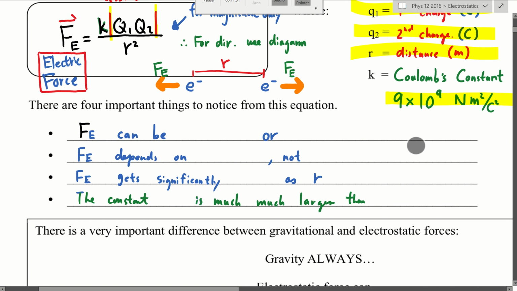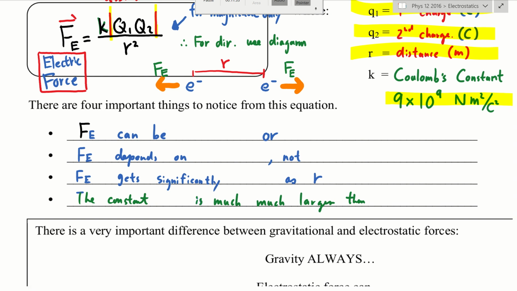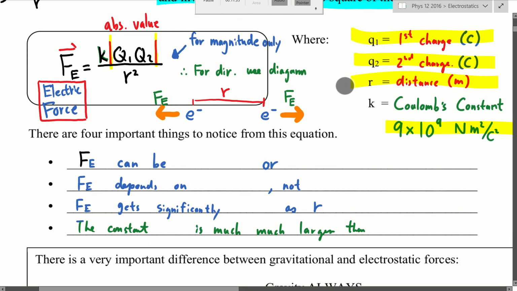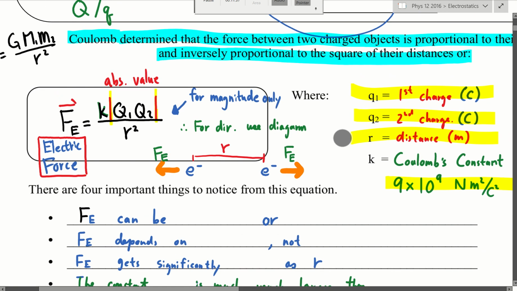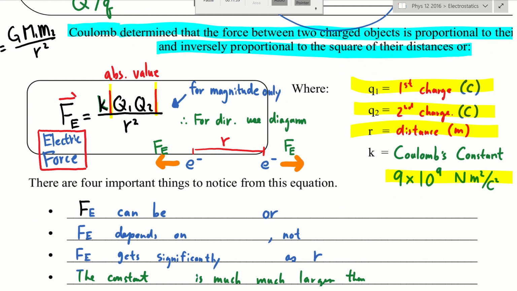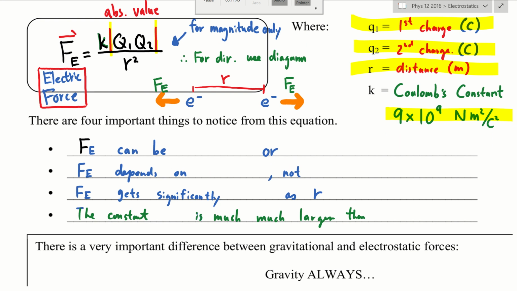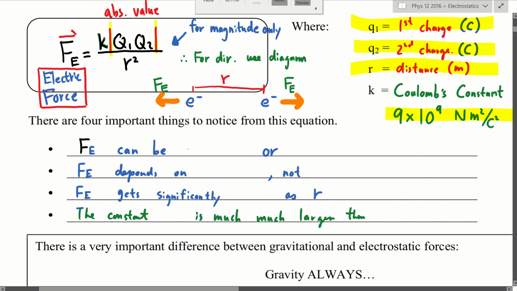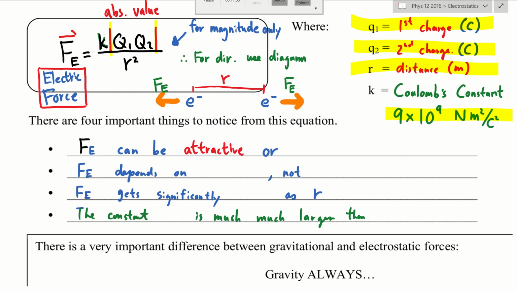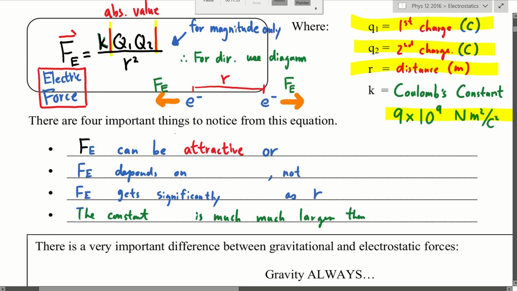Okay. So now, hey, there's something different between gravity and electric force. Gravity can only attract. Look at these two objects. They're actually repelling each other. So these two electrons, right? So gravity can only attract, but electrostatic force can either be attractive. Now, when will it be attractive? It is attractive if you have different charges.